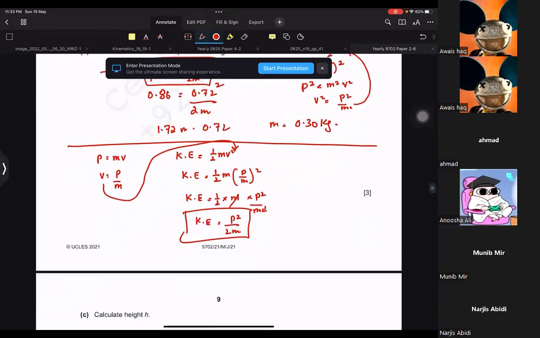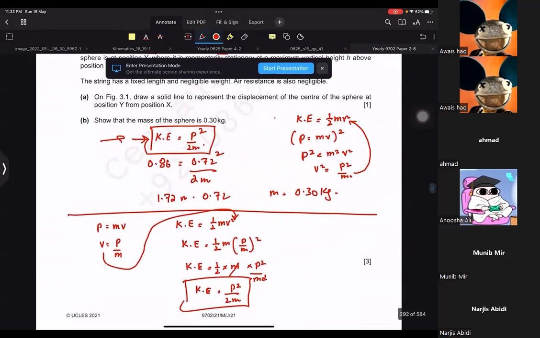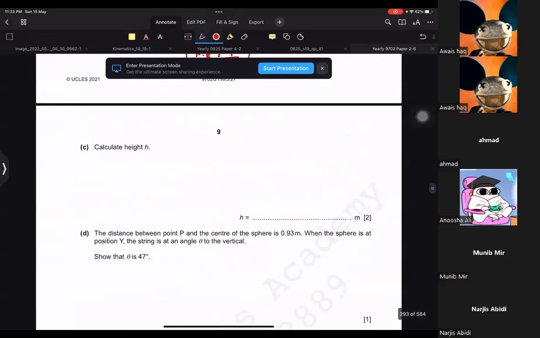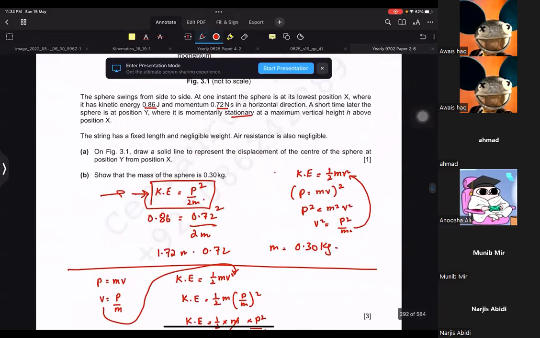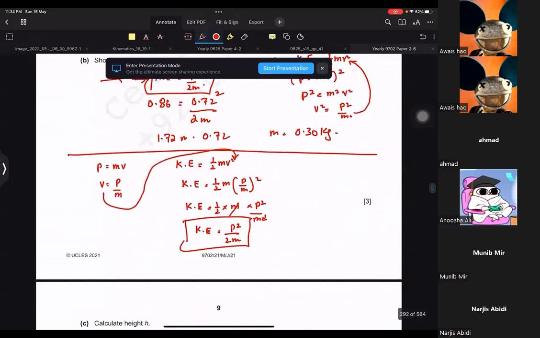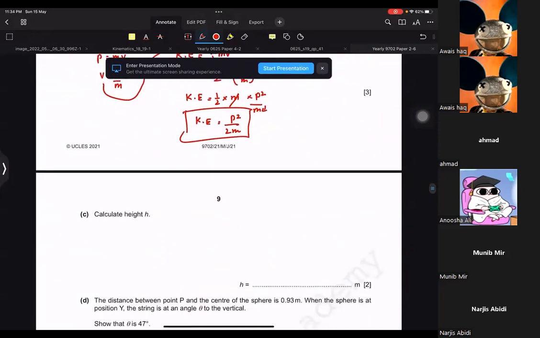Now, going to the next question, it says calculate the height h. Do we have the velocity? We don't have the velocity, so we can find the velocity. It's not a big deal. So p is equal to mv, or we don't need to do that. Kinetic energy goes to gravitational potential energy.